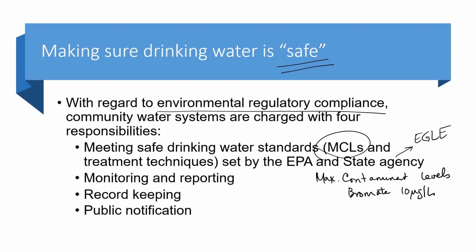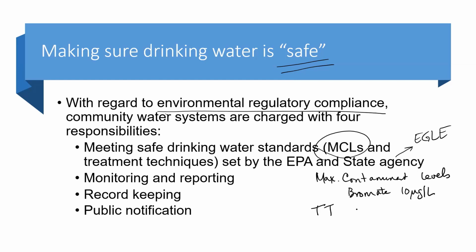per liter. They also include what are referred to as treatment technology regulations. And these are set in a way that the treatment itself is what is regulated, in part because in many cases, it's too difficult to monitor for the chemical itself.